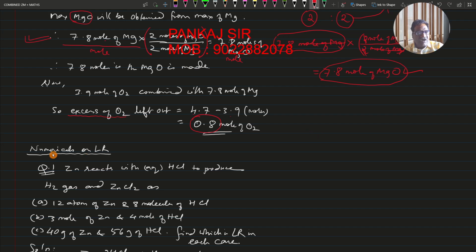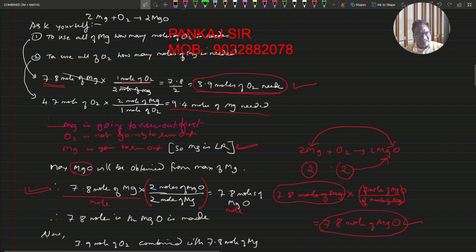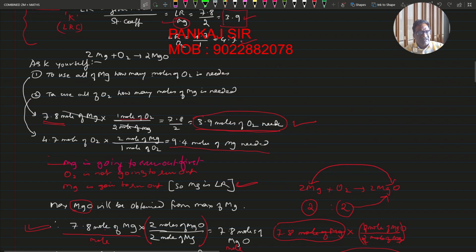And now there are more numericals on this limiting reactant that I want to discuss with you all, but this will be perhaps in the next video because now I don't have much time. So this video I'm going to end here. So in this video we discussed a single numerical problem relating to magnesium and oxygen mixing with each other to give you magnesium oxide.